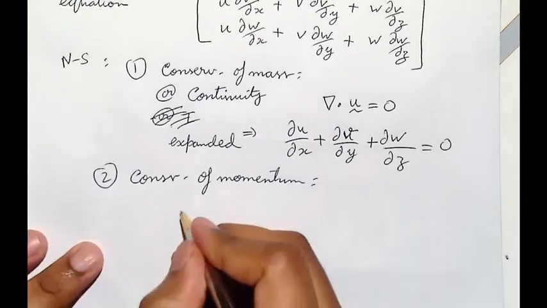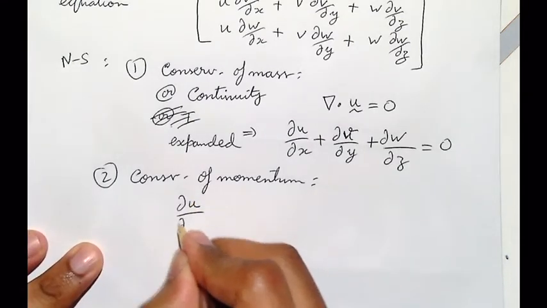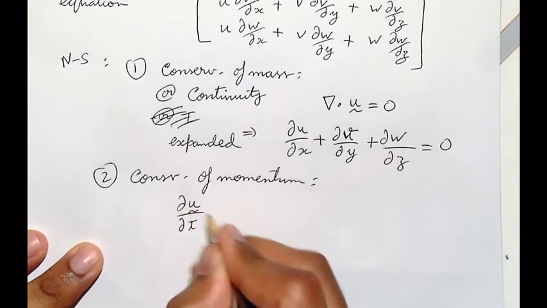I will start. So there's a du by dt, but use a vector.